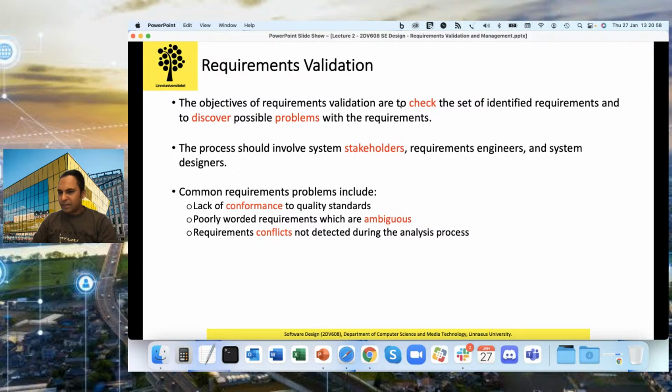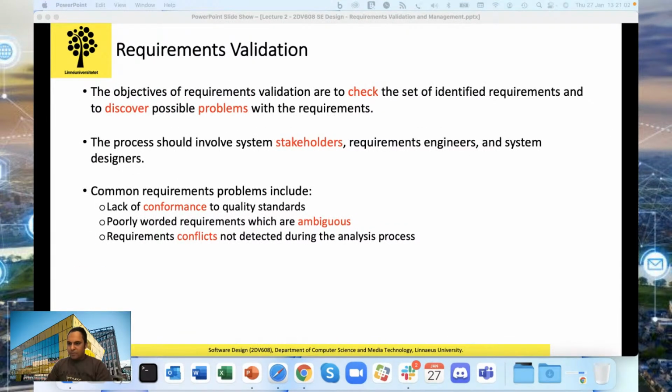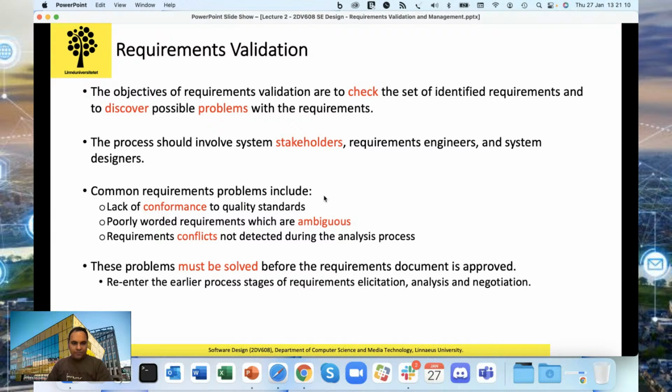I'm following them in another window in front of me, so I will probably not miss any questions. All these problems, like conformance to the quality standards, ambiguity, and conflicts among the requirements, should be identified and solved before you produce your final requirements document.